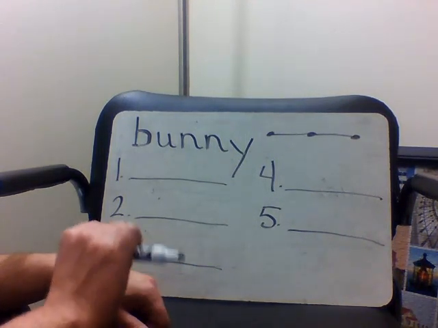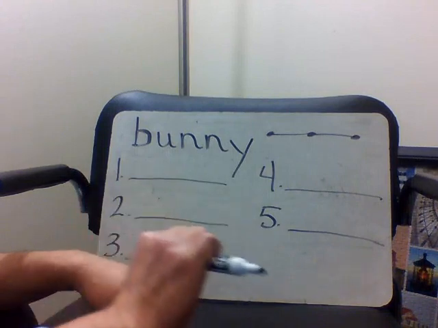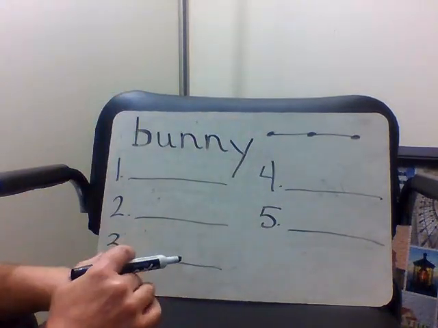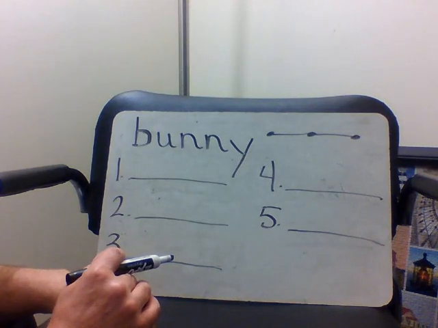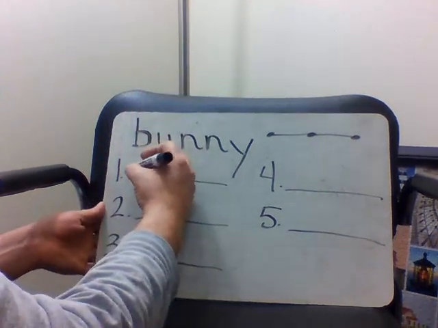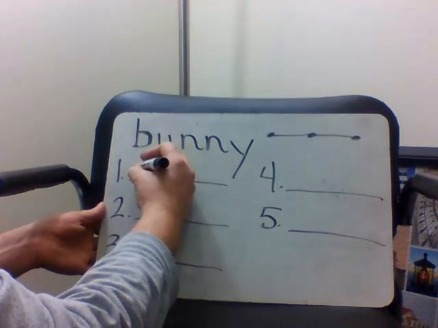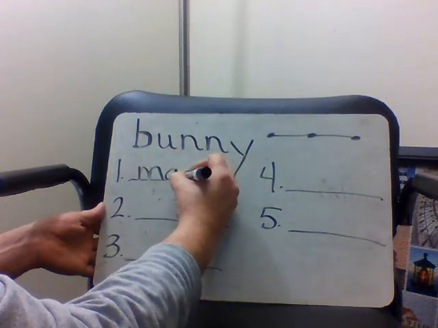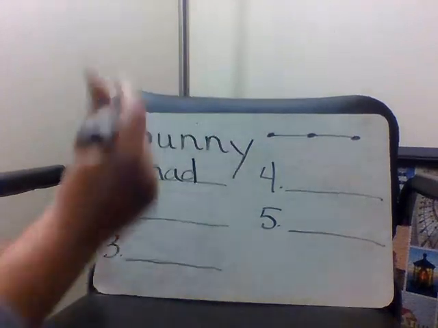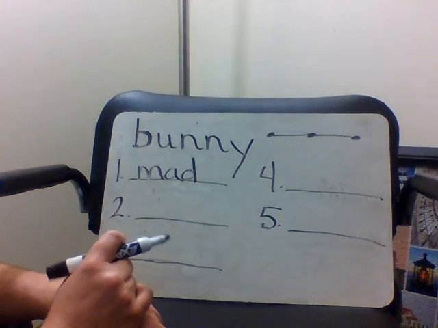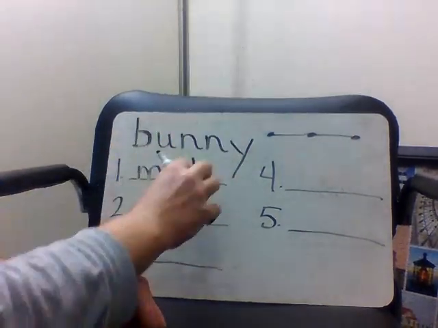Spell that first syllable. What do you hear in it? If you spelled it M-A-D, then you are correct. Here's mad. Now let's do the second syllable and add that on.